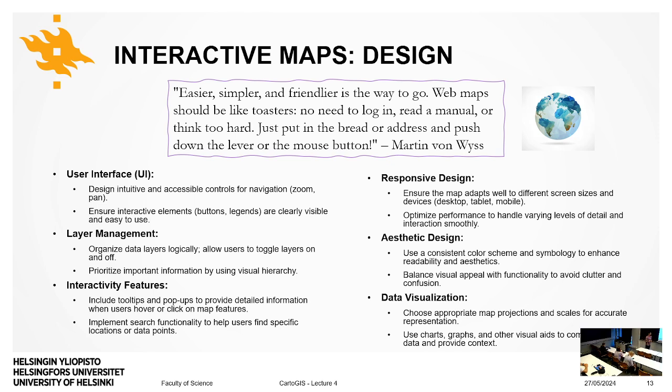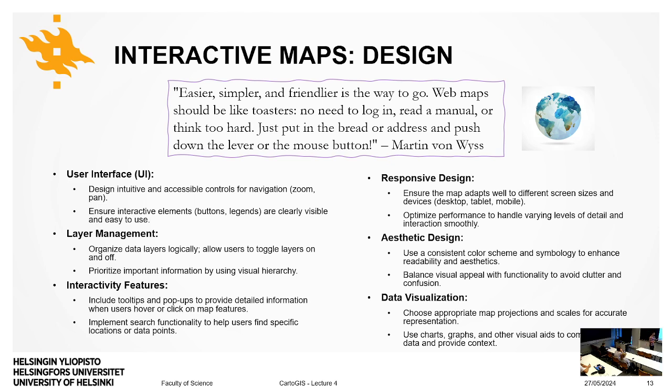A number of things to consider in the design of interactive maps. One thing is the user interface. You want something that is intuitive and accessible for different users with different ranges of skills. The elements, if you have buttons, if you have different things, should be clearly visible.